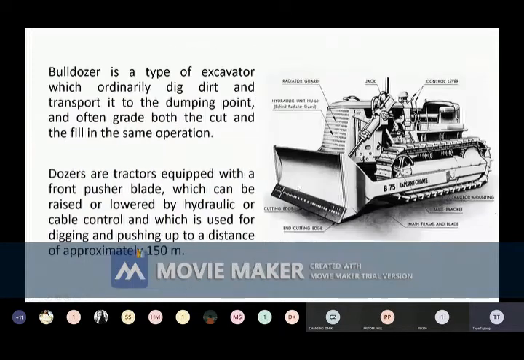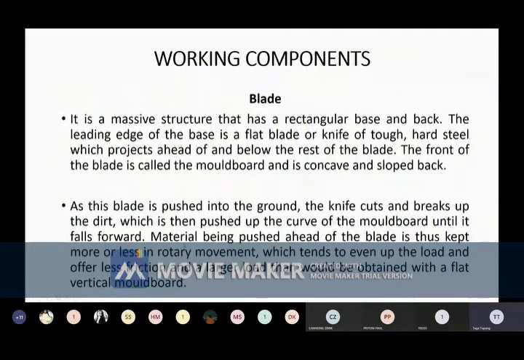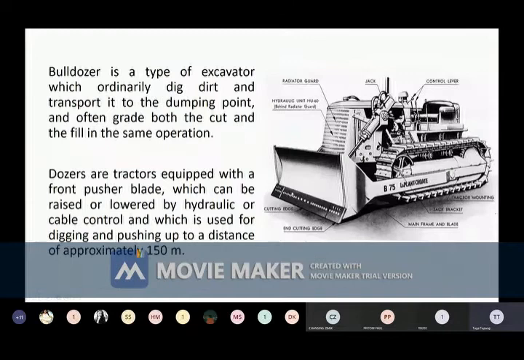That means if this was a flat, straight moldboard, it cannot take more load, because whatever load comes will resist the motion of the dozer. But in this case, what happens? Whatever load is coming, the material is being moved more or less in a rotary motion. That means whatever material is coming keeps rolling upward and moving ahead, rolling upward and moving ahead.